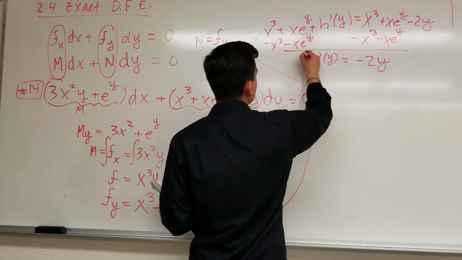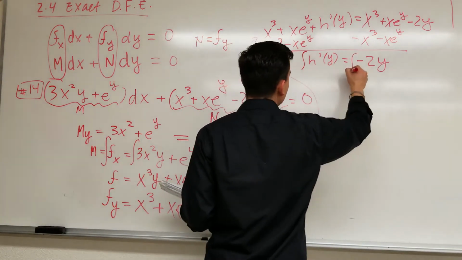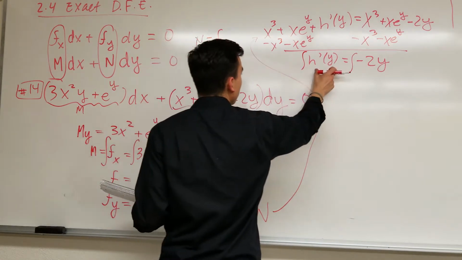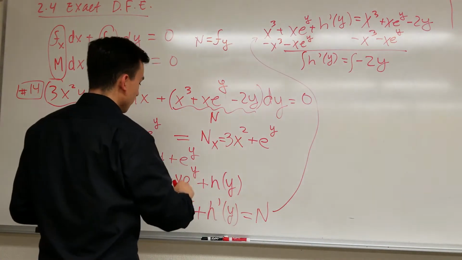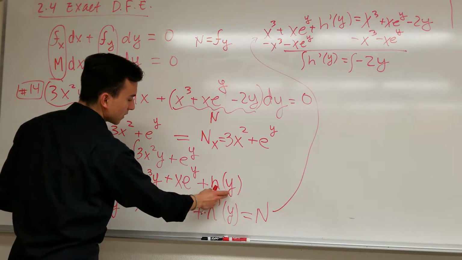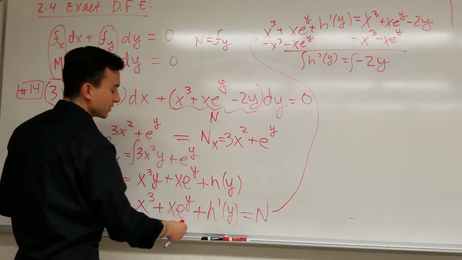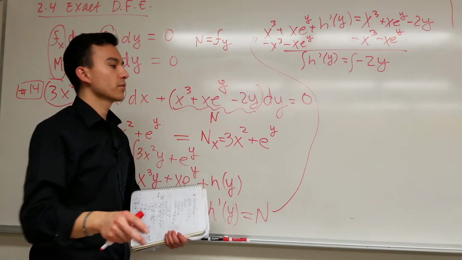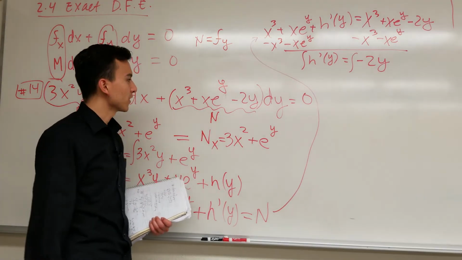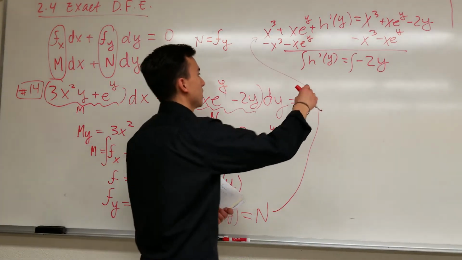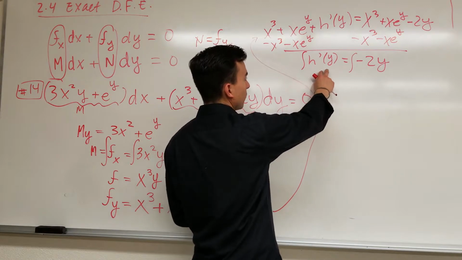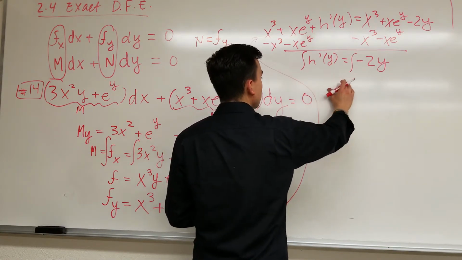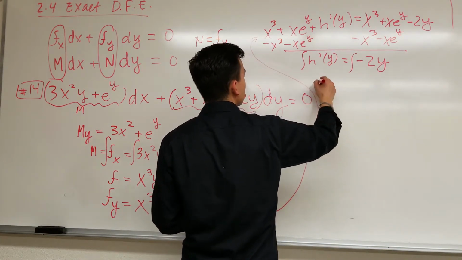Okay, so now I'm going to take an integral because that's going to give me h(y). And if we look here, this is our constant, h(y), which is an unknown. So basically what we're going to do is find it. So I'm going to take an integral of this h'(y) and the integral of this negative 2y.